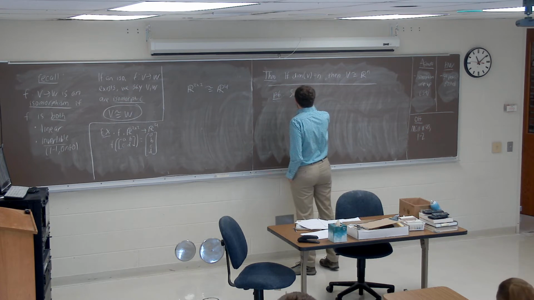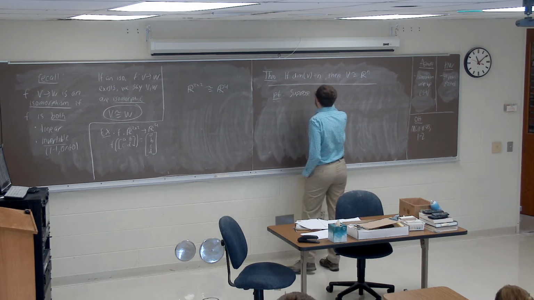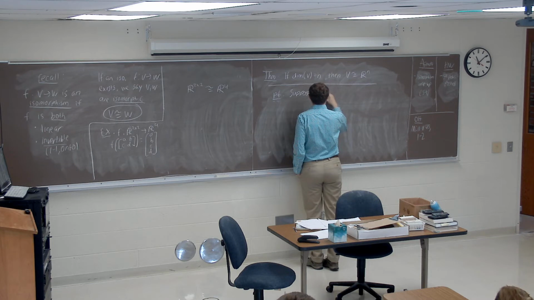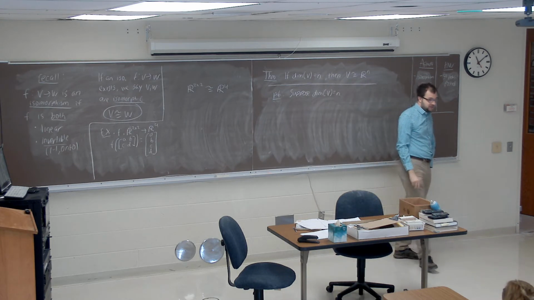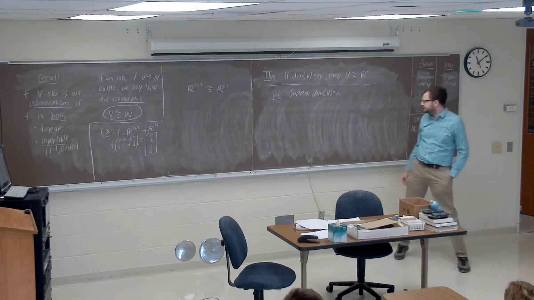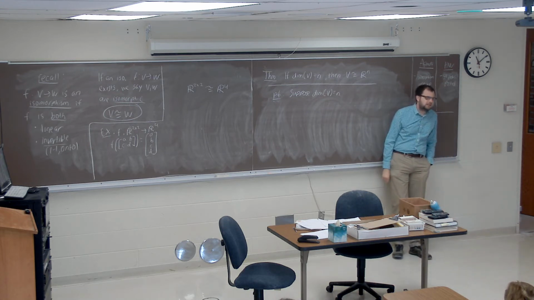So let's suppose that we have a vector space V where the dimension of V is equal to n. We're going to prove this in generality. Refresh my memory. What does it mean to say that a vector space has dimension n? What does that tell us about the vector space?